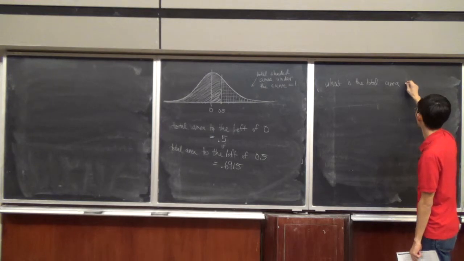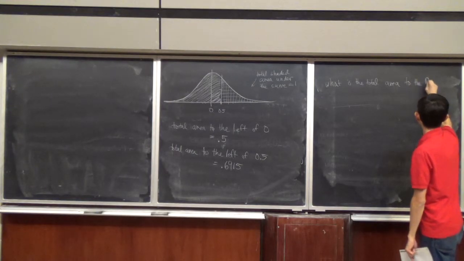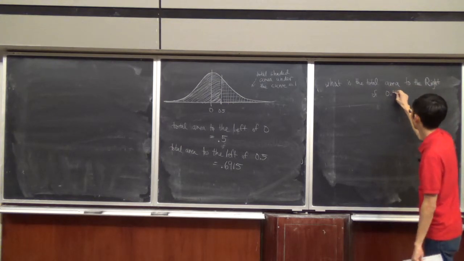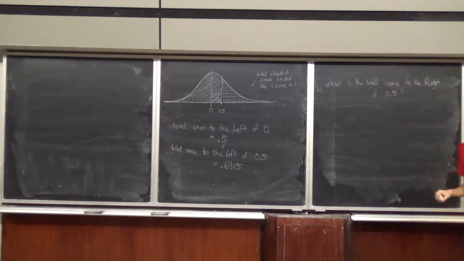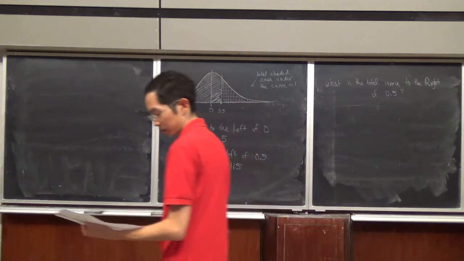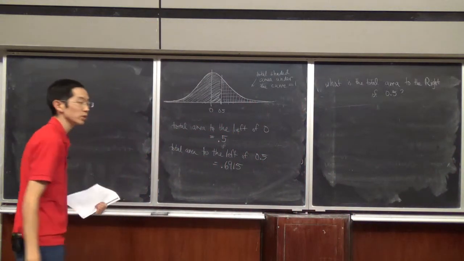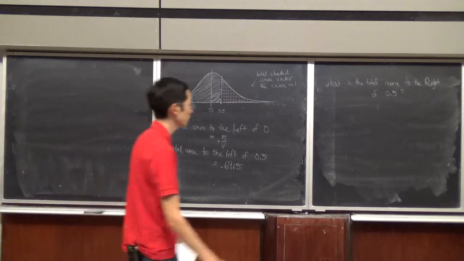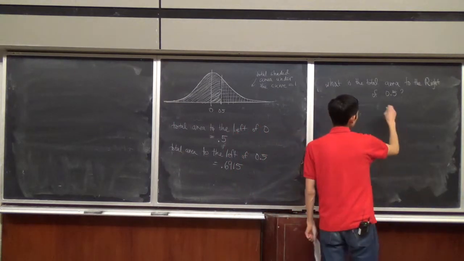What is the total area to the right of 0.5? So think about this. Okay, and what is our answer? 0.3085. So the area to the right is 0.3085.